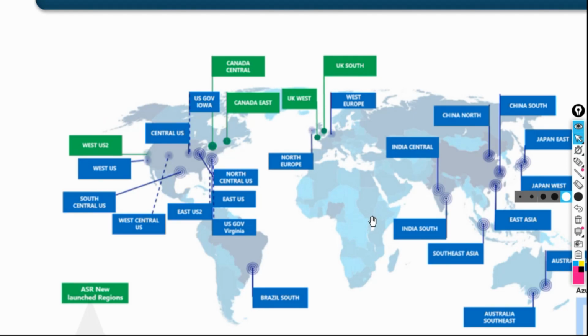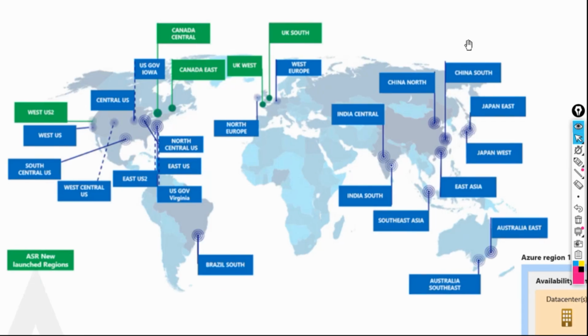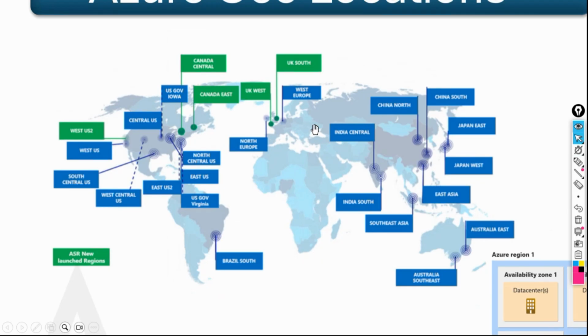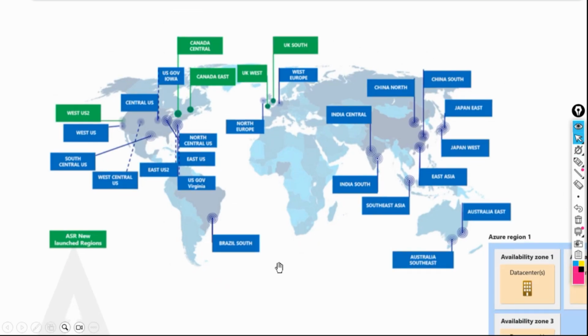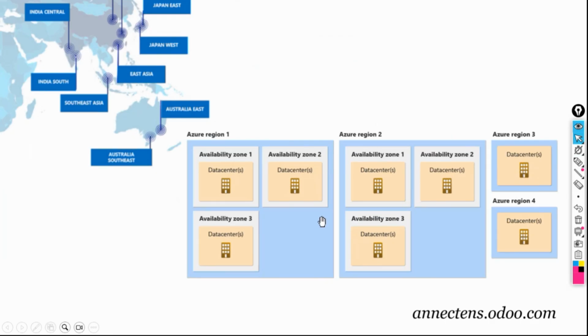There are over 60 regions, or more than 120 availability zones, worldwide. Geographically, you can see how vast it is, though it's going to be very small on this image. 60 regions is a very big number, with 120 availability zones.